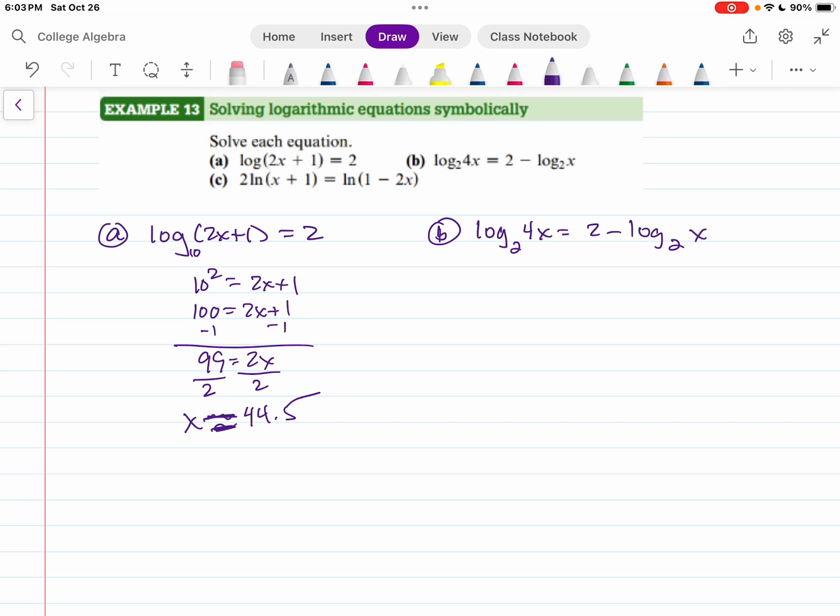And then again, I should test that to see if it works. So I'm going to plug it in the calculator. Let's see if that works out. Does the log of 2 times 44.5 plus 1 equal 2? Well, let's take a look.